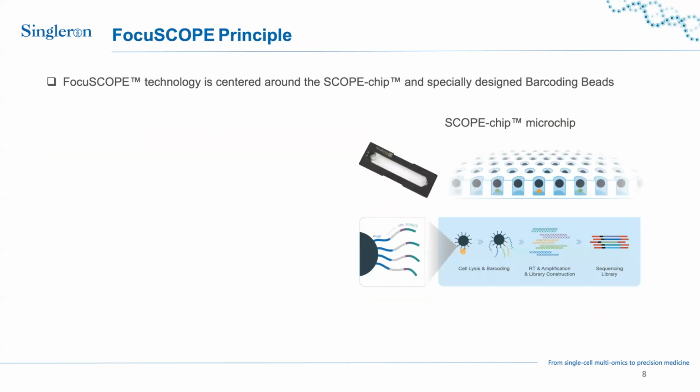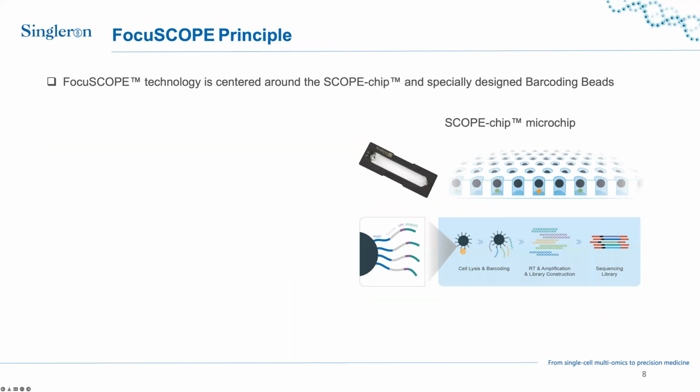How do we do this? FocuSCOPE is based on our scope chip and specially designed barcoding beads. Here you can very briefly see the core of our technology, the scope chip, which is used for partitioning of cells.